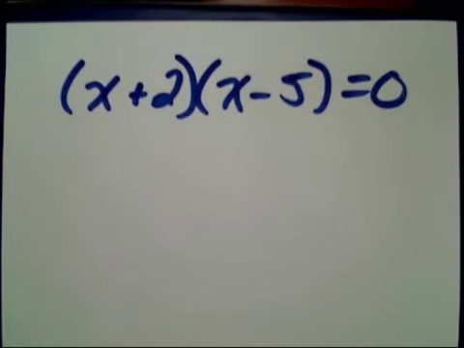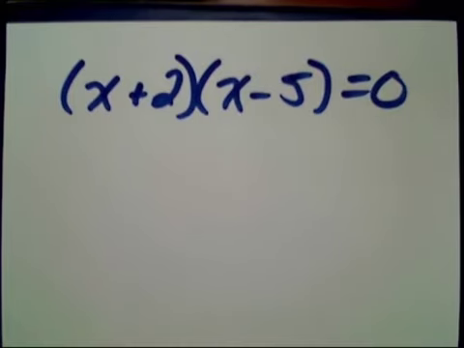So I have two numbers that are factors, meaning that they're being multiplied together. This is a product. This right here is that A, and it's being multiplied by this value right here, which is B. So I have A times B equal to 0. So I have the exact initial setup of the zero product law, or the zero product property. Two numbers being multiplied together equal to 0.